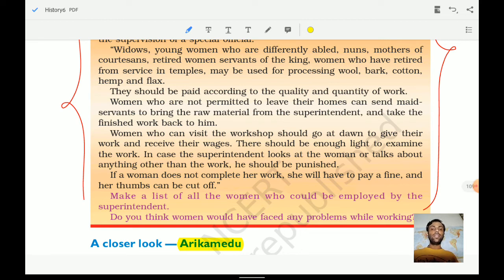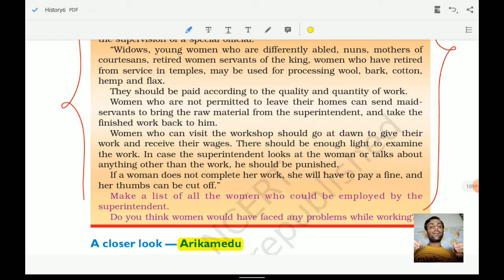In case the superintendent looks at the women or talks about anything other than the work, he should be punished. They have also mentioned rules that if the superintendent abuses a woman or tries to abuse her, then she can go to the king or whosoever the superintendent used to work under, and directly report that this specific person has done these kinds of things, or has talked about anything apart from the work.